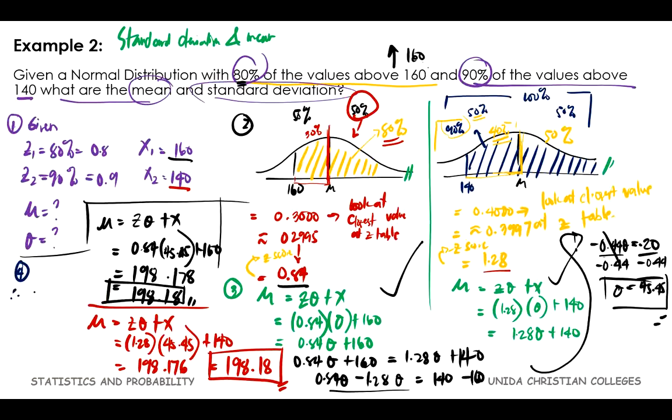So, therefore, our standard deviation is equal to 45.45 and our mu is equal to 198.18. Okay, pakitandaan. Pwede nyo silang i-equate parehas, kapag nanggagaling sila sa isang mean at isang standard deviation. Okay? In-equate natin sila kasi they are counted as 1.